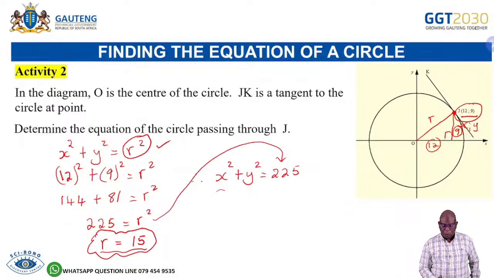So that will be the equation of that circle that passes through point J, 12 and 9. Please, that r should not come in there. If it comes in there, then you must square it. In other words, you must say x squared plus y squared equals 15 squared, which brings you back to 225. So once you get r squared here, please just go and replace it in the equation.